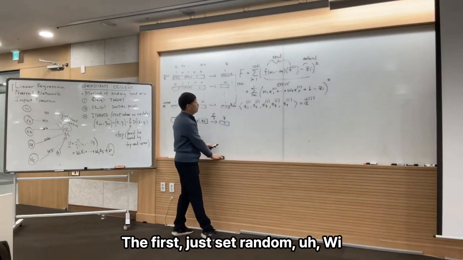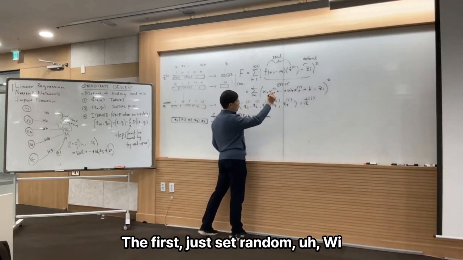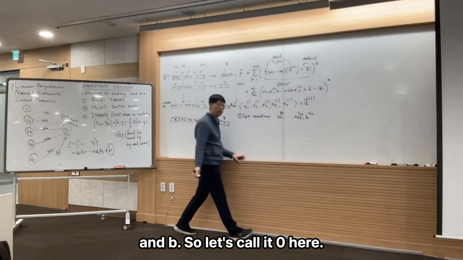So first, just set random wi and b. So let's call it 0 here.